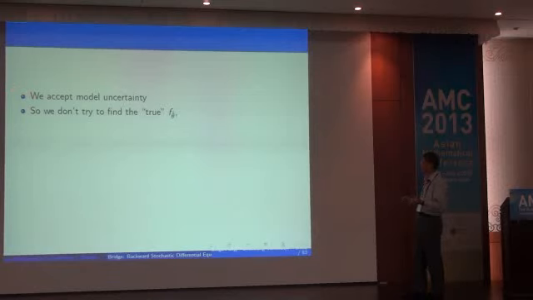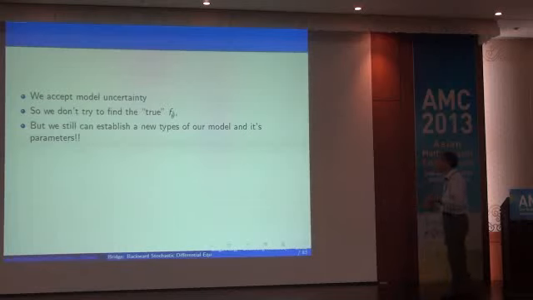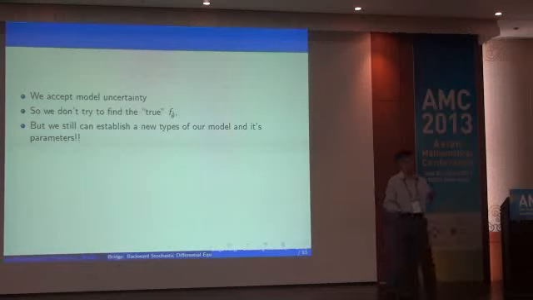So we don't try to find this true F theta of distribution, but we still can establish a new type of model, which is also a distribution model, but under the language of nonlinear expectation.